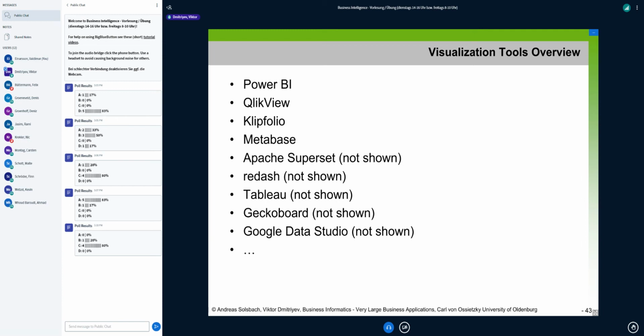For instance, Apache Superset is an amazing tool, but sometimes it's hard to deploy. Metabase is a bit easier to deploy, and Power BI is amazing when you are familiar with Windows. It's an amazing tool, you just install it and use it.